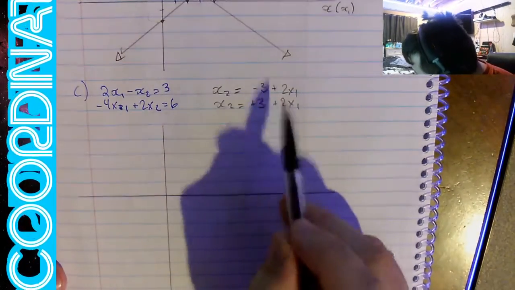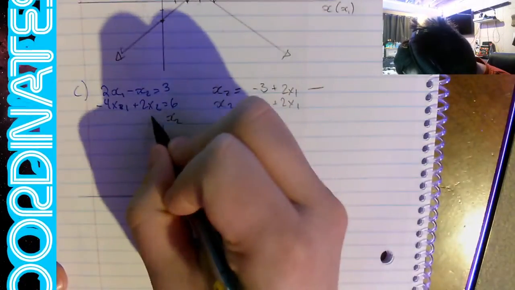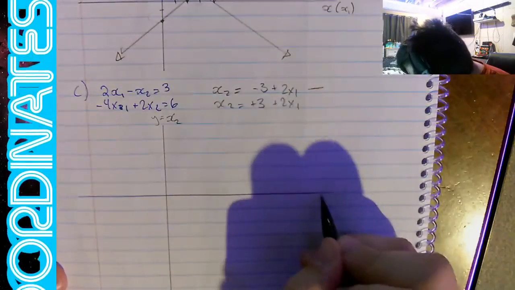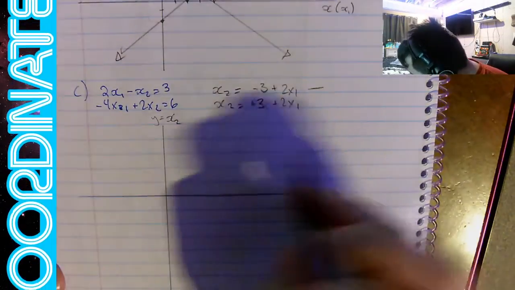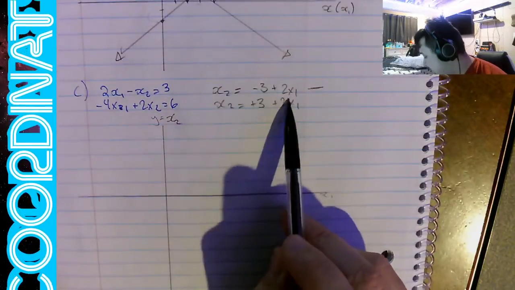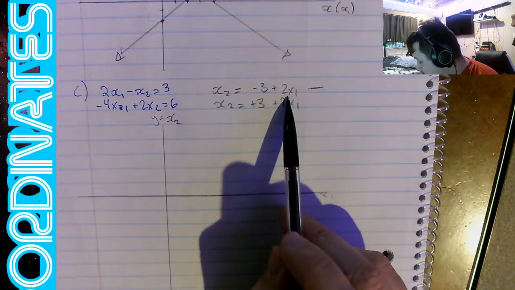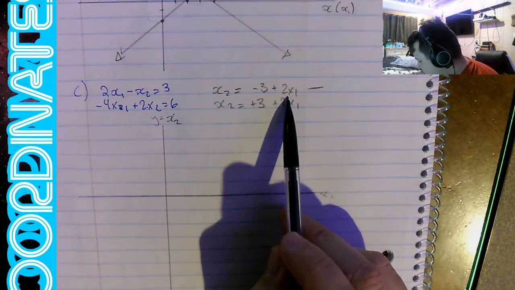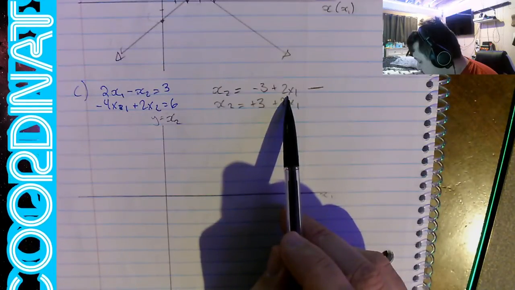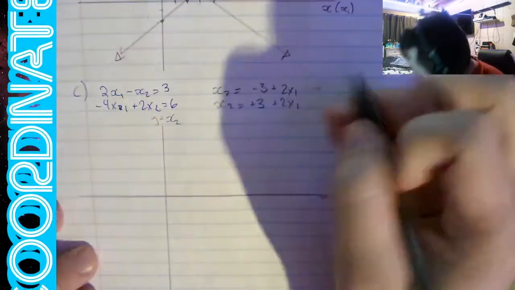So we'll start off with this one. Again, our x2 is our y, and our x1 is here. When is this 0? I can't do it in my head, I apologize.